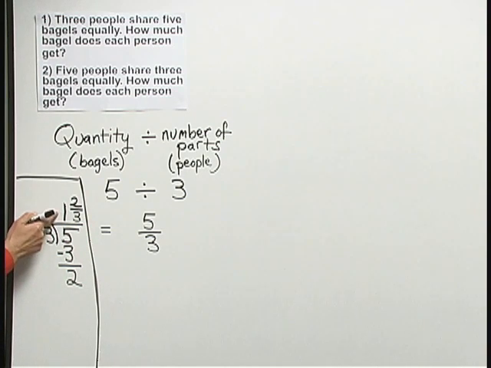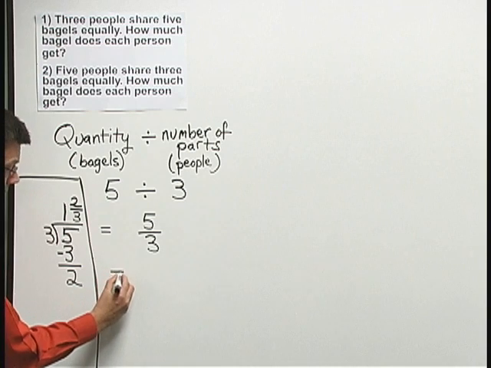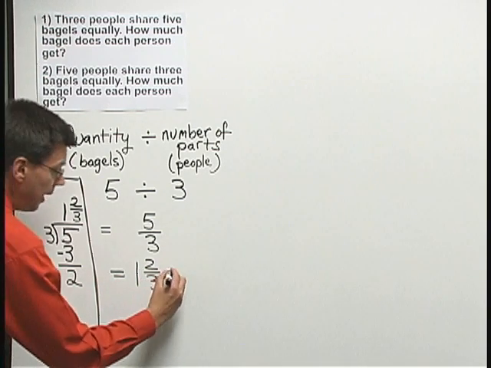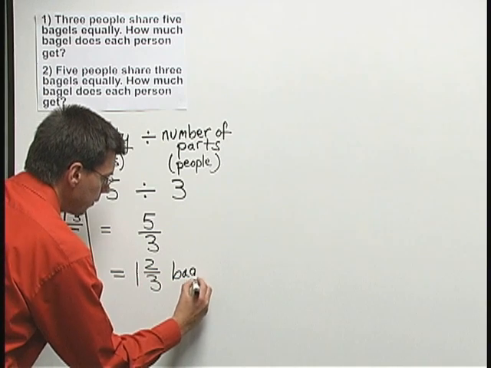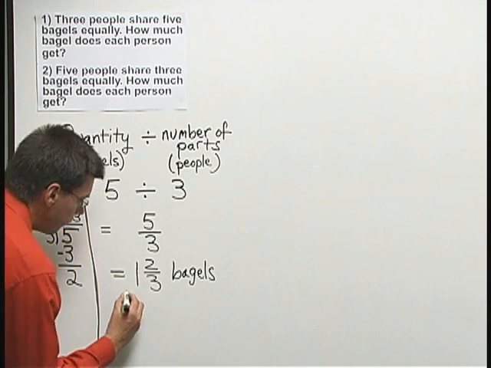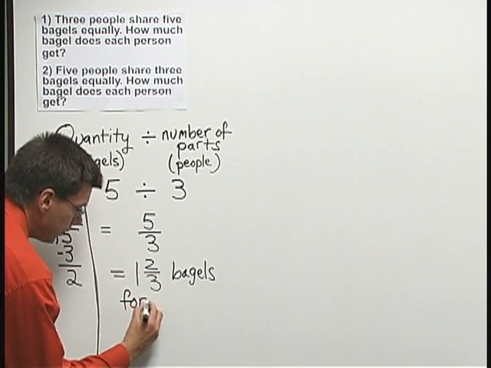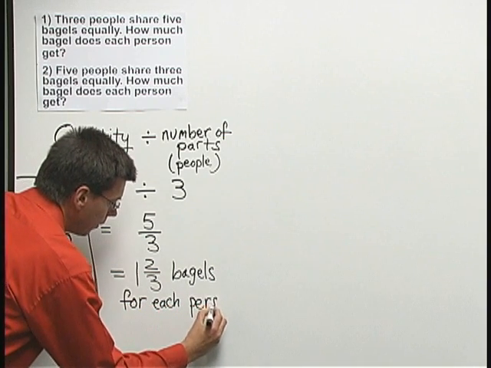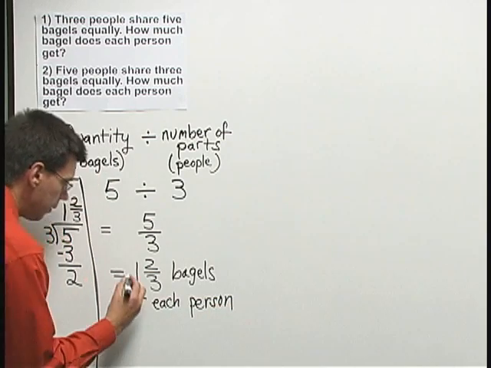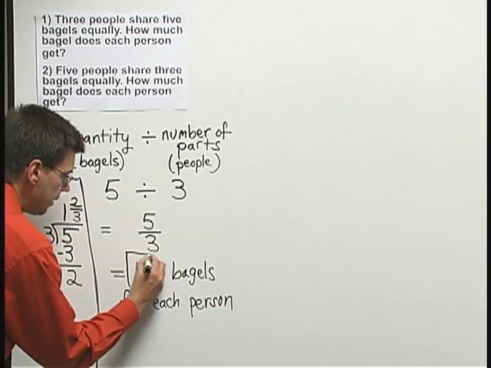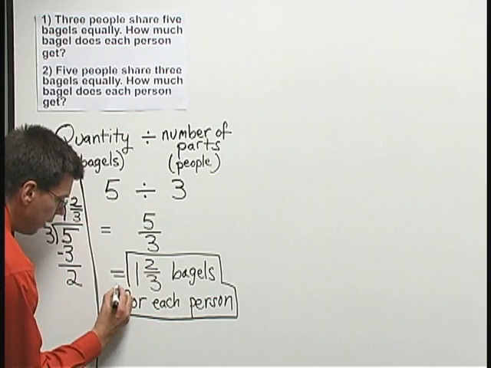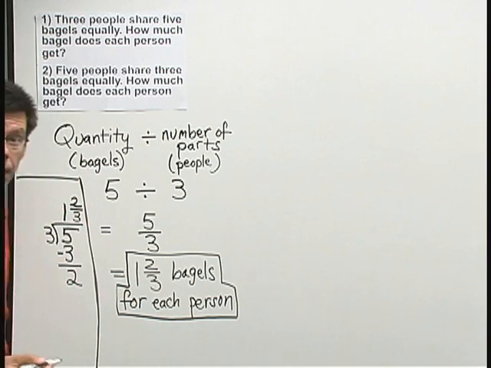So each person got 1 2/3 bagels for each person. And there's our answer to the first part of this problem.